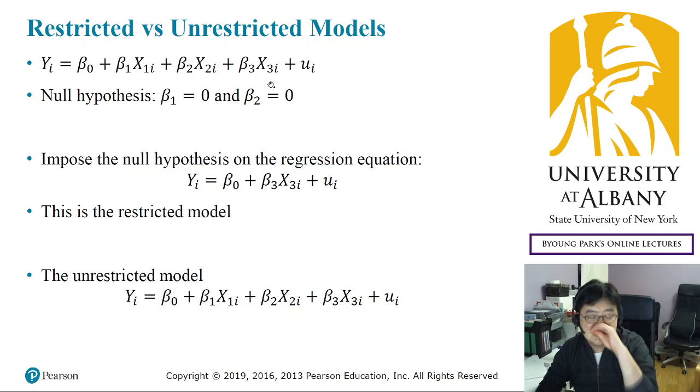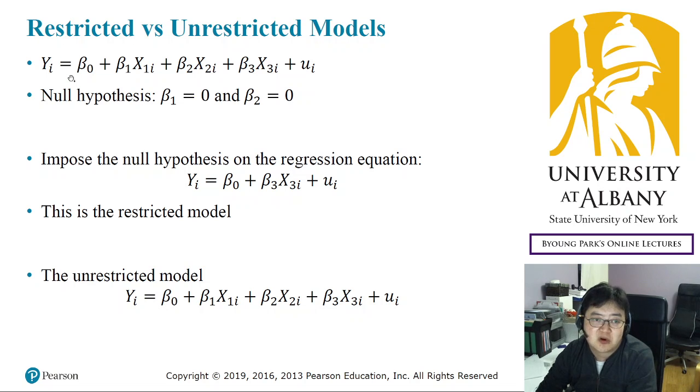And the hypothesis you'd like to test is that beta 1 equals 0 and beta 2 equals 0, which implies student to teacher ratio has no impact on the test score, and at the same time the expenditure per student has no impact on the test score again. So it is a joint hypothesis, involving 2 parameters.